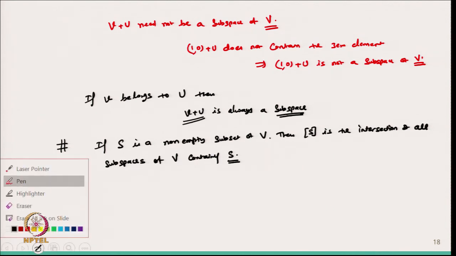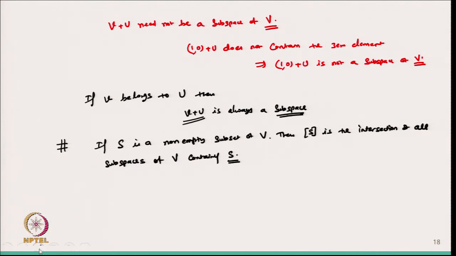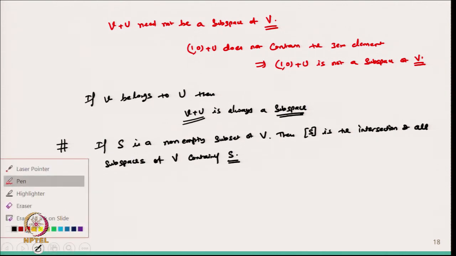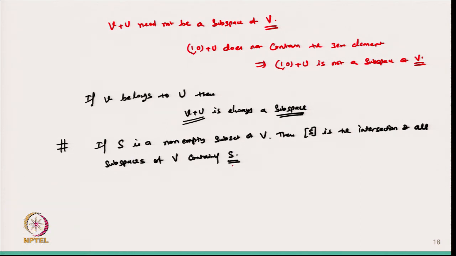So, this one is just the extension of that, because in this case what I was saying is that if S is a non-empty subset of V, then span S belongs to the intersection of all the subspaces of V, because just now we have discussed the intersection property.